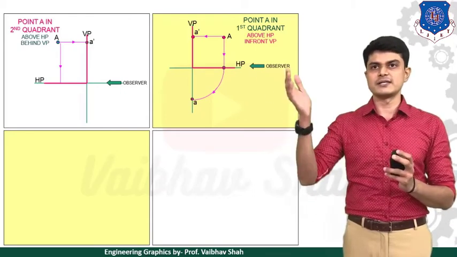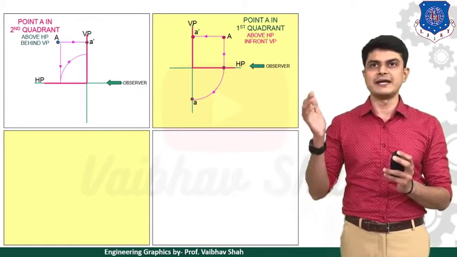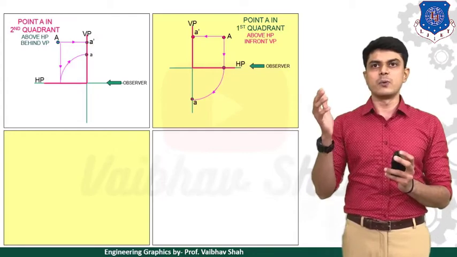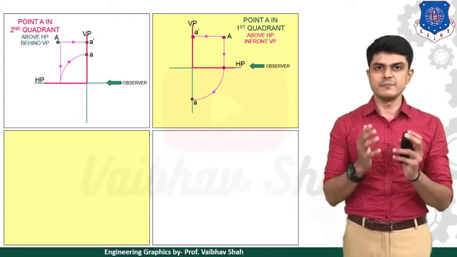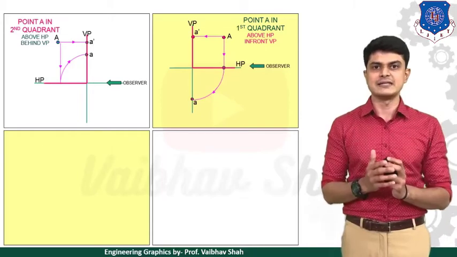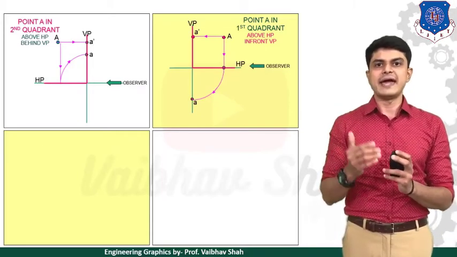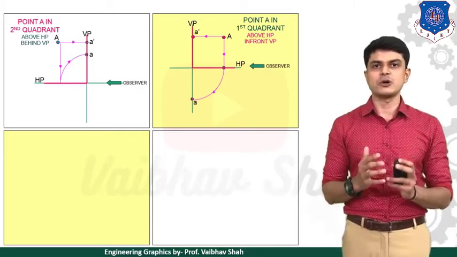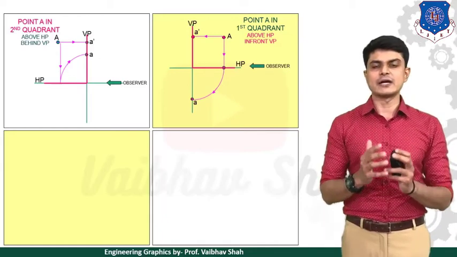Now point A would be on the vertical plane like this. So we have its two views, A dash and A, on the same vertical line, but above HP, for the case of a point in the second quadrant.